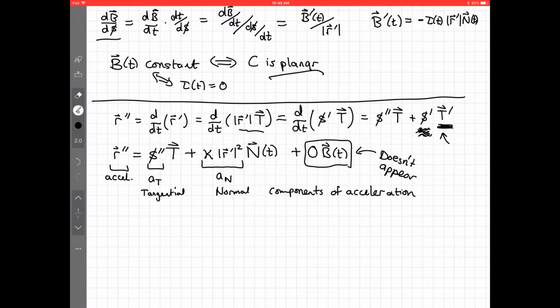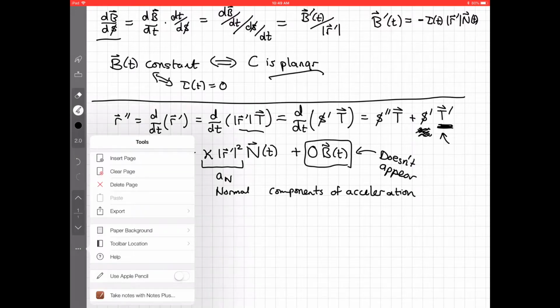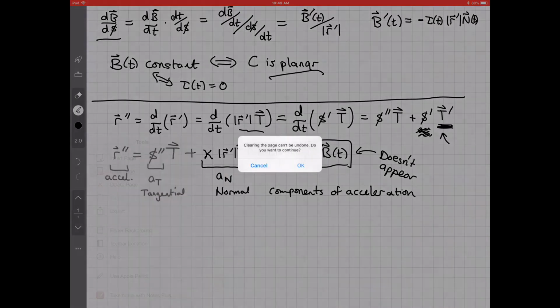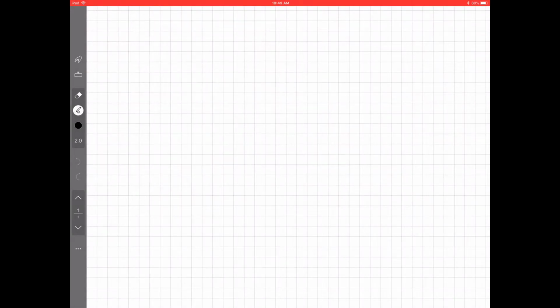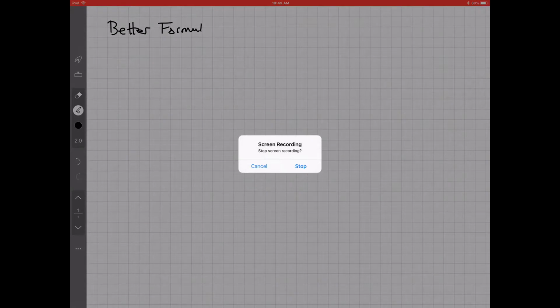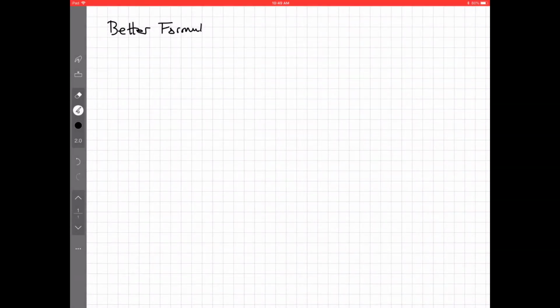All right, moving ahead, I'm going to go ahead and delete all of this, or clear this page. Okay, fresh space to work with. Let's find a better formula for curvature and torsion.